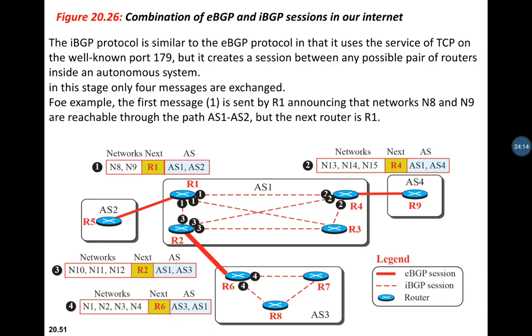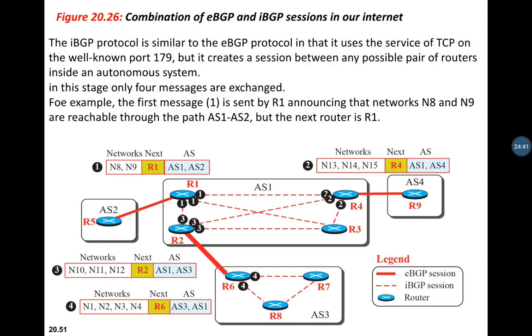Routers R2, R4 and R6 do the same, but send different messages to different destinations. So you can see here the first message, which is sent by R1, announcing that N8 and 9 are reachable through the path AS1, AS2.